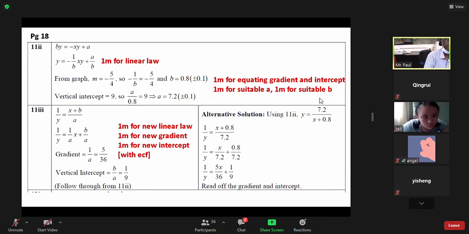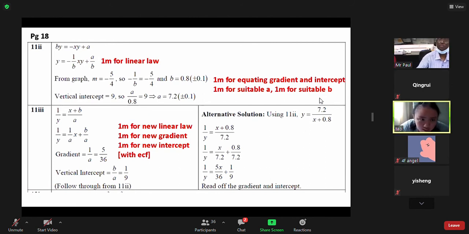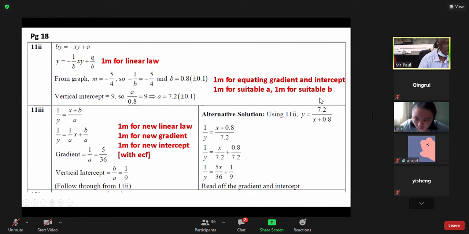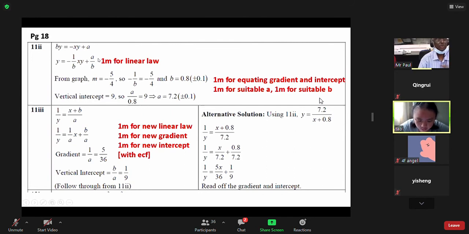Part 3. I still don't understand. Where did you get the equation from? Which equation? This one? 11, yeah. Okay, can you read the equation? All right, what is the equation that you are given, Clarissa? Y equals to what? A over X plus... Okay, if you cross multiply, would you get something like this?